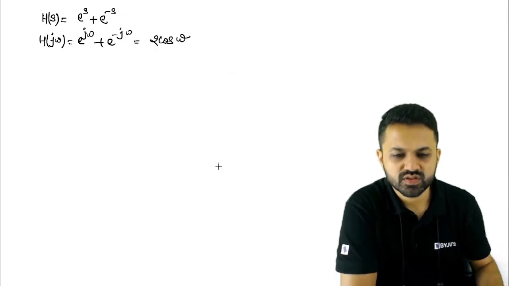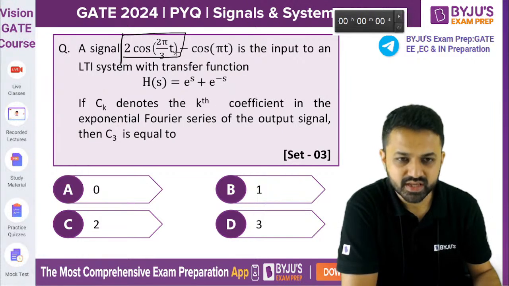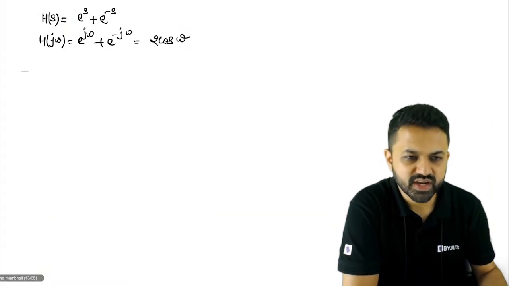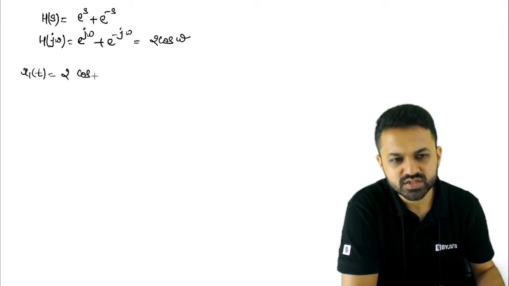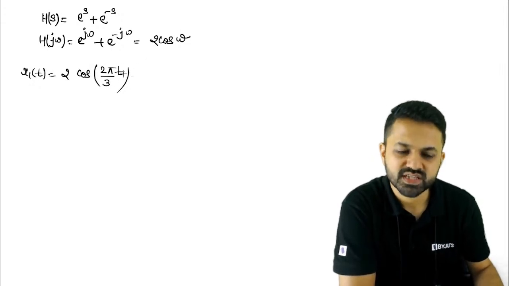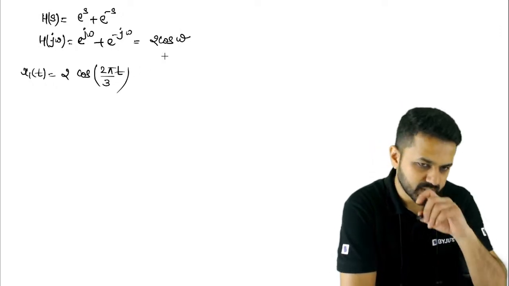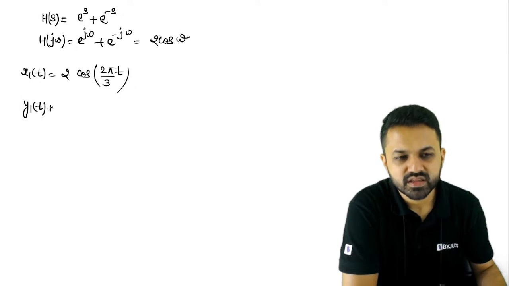Now the input is 2 cos 2 pi by 3 t. If I take the input as 2 cos 2 pi by 3 into t, it is also acting as an eigenfunction because it can be represented in terms of exponentials. So what is the output corresponding to this?